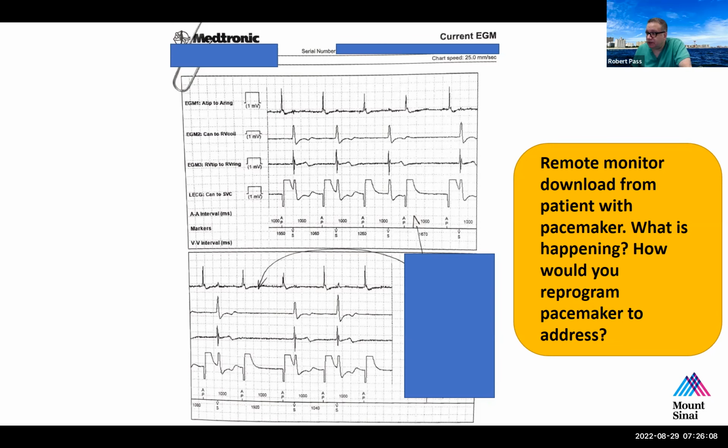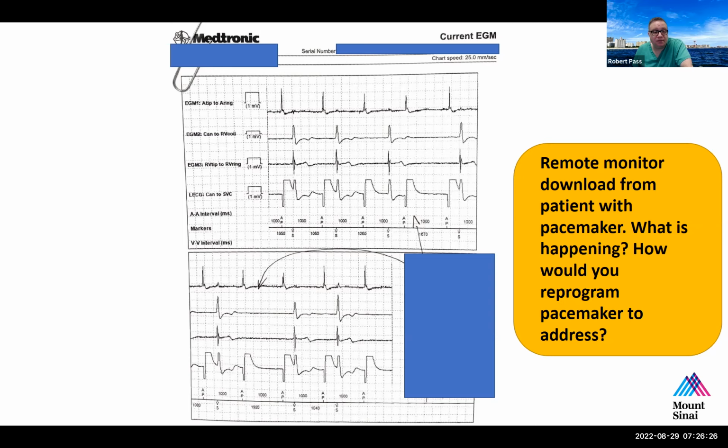In this case, it's actually a patient of Dr. Love's, and I contacted him. What he explained to me was that this patient hates the feeling of ventricular pacing.